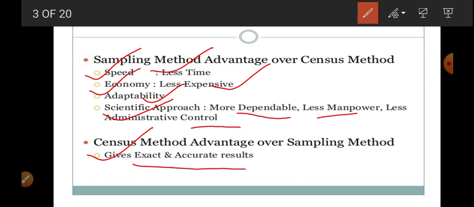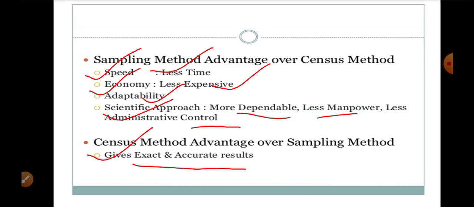So whenever you use the census method, you get accurate, correct data. Why? Because you are connecting each and everyone. The sample method takes less time and is convenient for the investigator, but it is not as reliable and accurate as the census method.